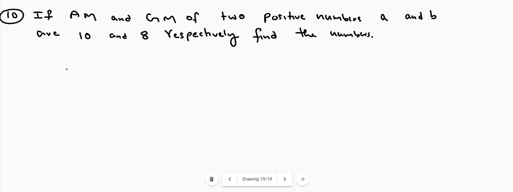Question number 10. If AM and GM of two positive numbers a and b are 10 and 8 respectively, find the numbers.